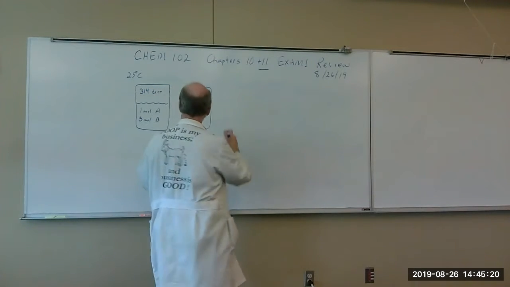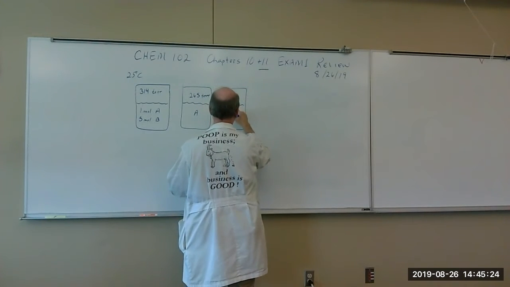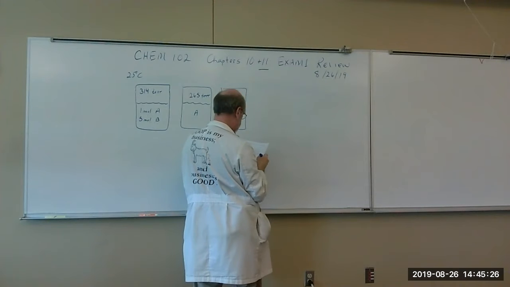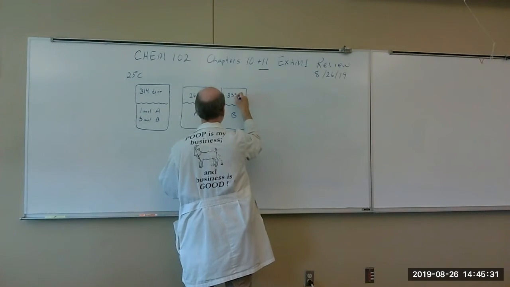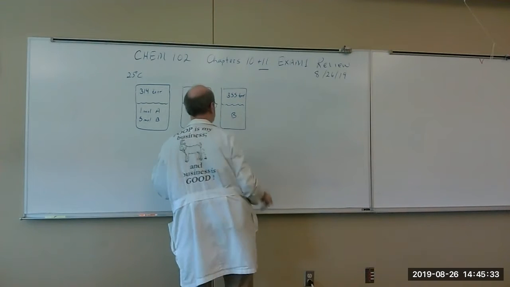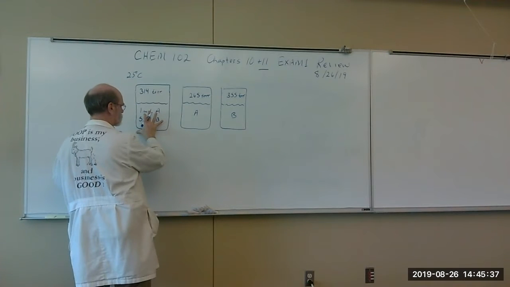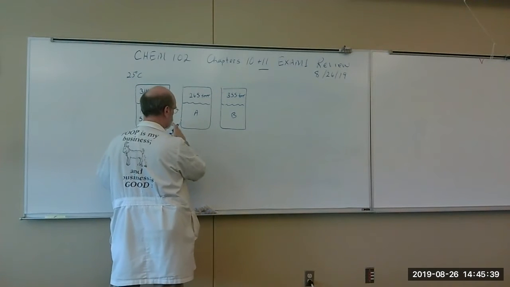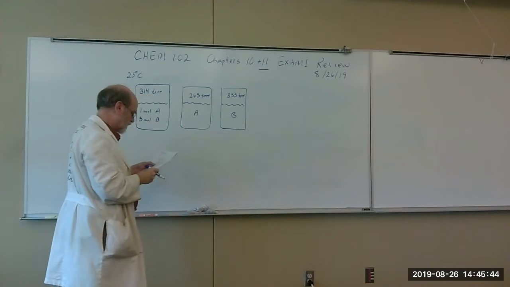And if we have pure B, the vapor pressure is 355. Okay? This is the mixture, solution if you will, and these are the pure liquids.